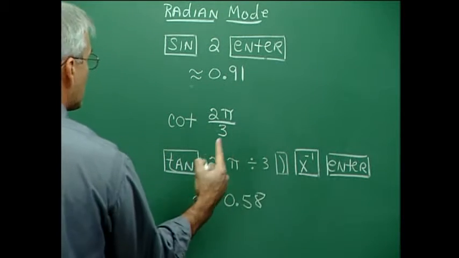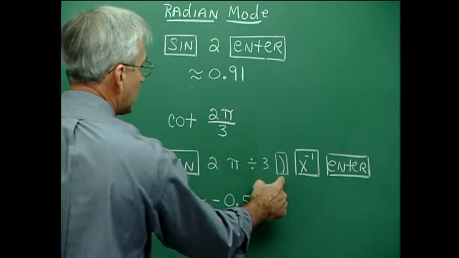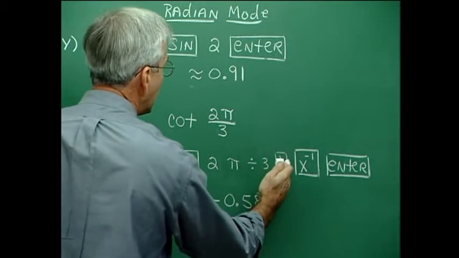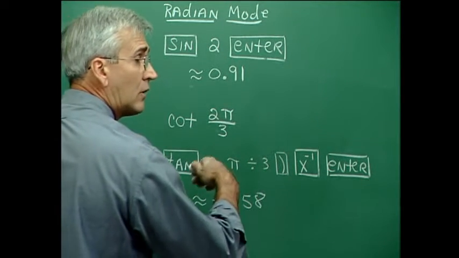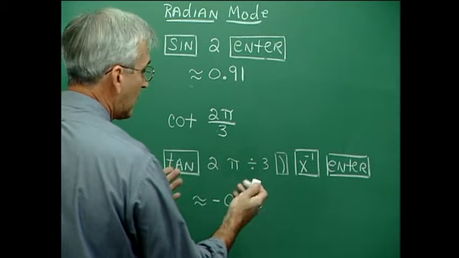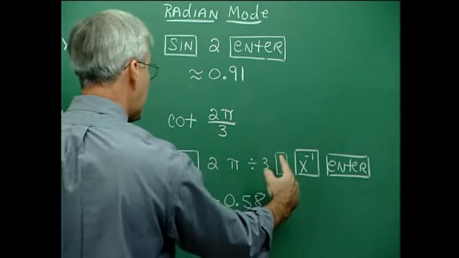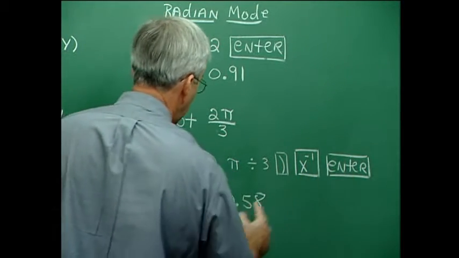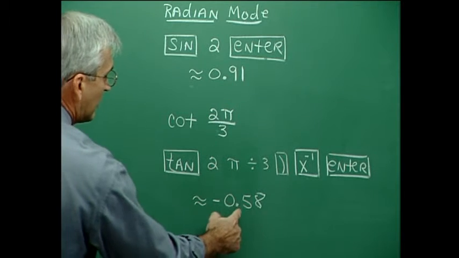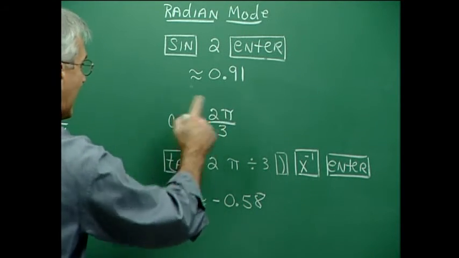This parenthesis was automatically opened when you pressed tangent. Now take the reciprocal of this. On graphing calculators, it's generally designated as x to the -1. Press enter, and we have approximately negative 0.58 as the cotangent of that real number.